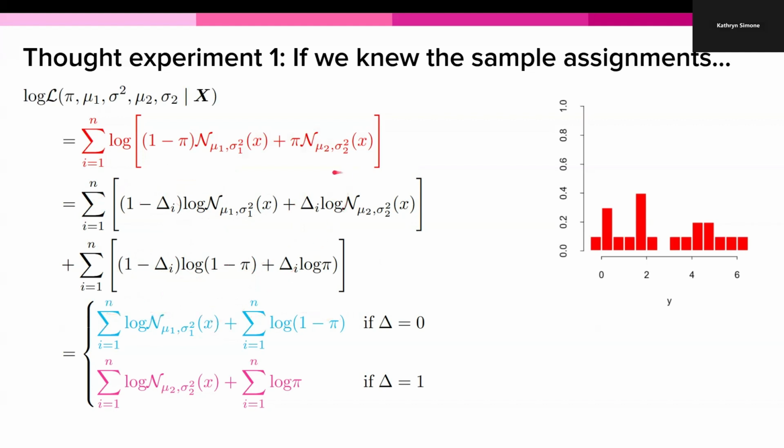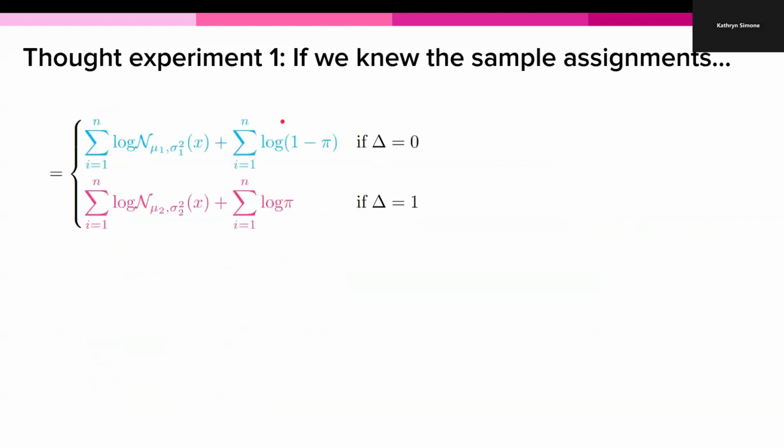But on the other hand, if delta is 1, we're going to ignore that first Gaussian entirely, and the equation collapses to this pink part here, corresponding to the second Gaussian. So this breakdown lets us separate the contributions from the two modes, and makes it clear how we would calculate each part.